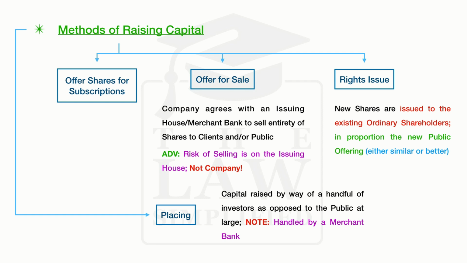That was a quick outline, or an introduction, to raising of capital by public limited companies. At this juncture, it should be clear that raising capital for public limited companies is highly regulated and much more onerous. These were just a few mechanisms by which raising of capital occurs.